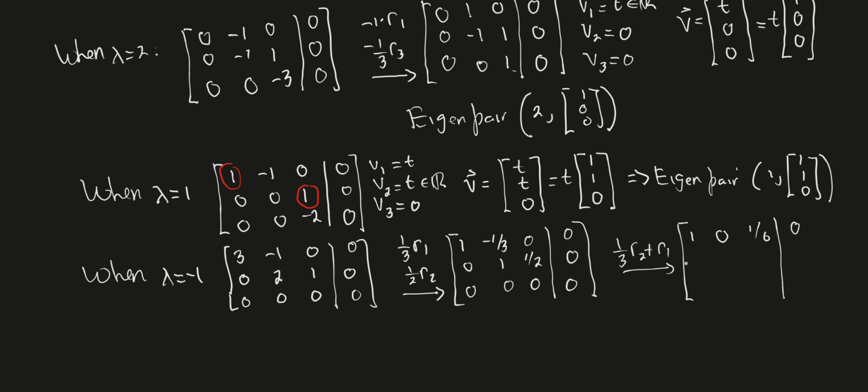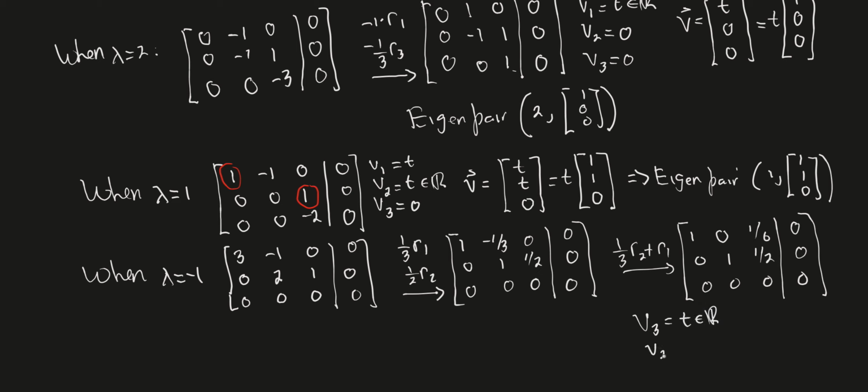And then the second row stays the same: 0, 1, 1/2, 0. And then a third row filled with zeros. So there we can definitely see our free variable. Now V3 is our free variable. So V3 can be any real number.